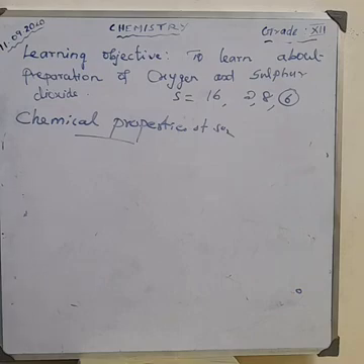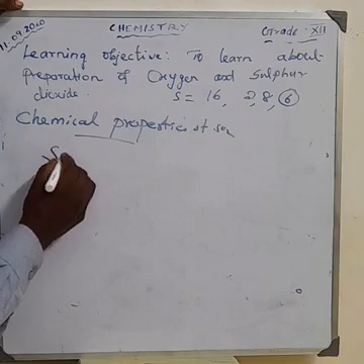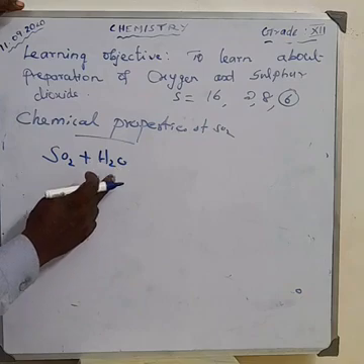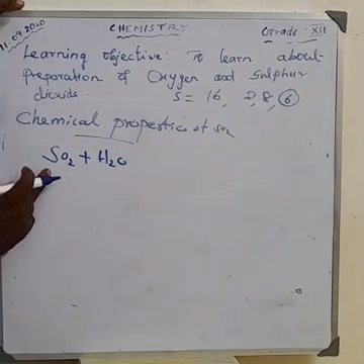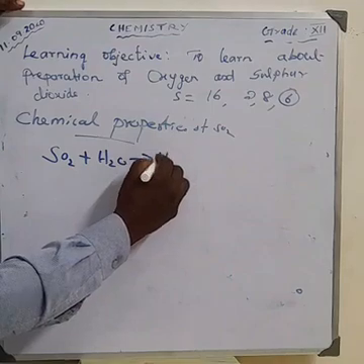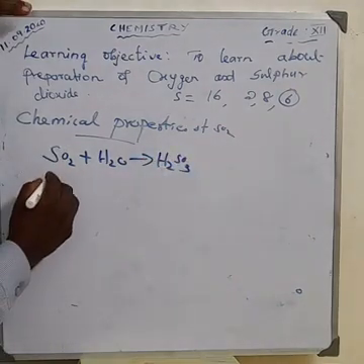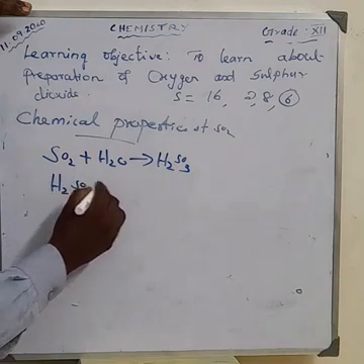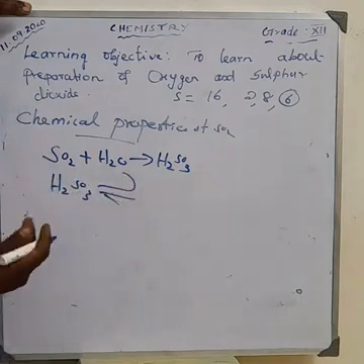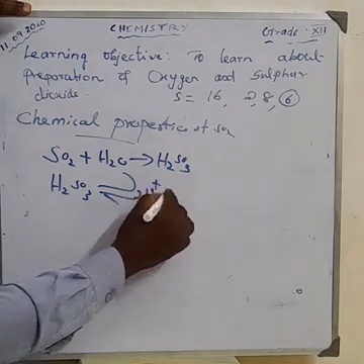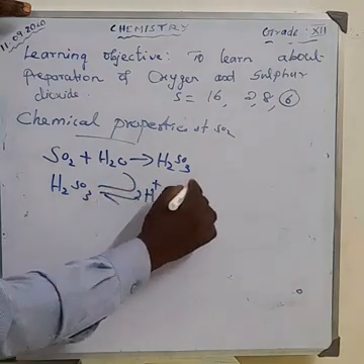It dissolves in water to give sulfurous acid. Sulfur dioxide reacts with water and the oxygen will combine here to form H2SO3. And also H2SO3 undergoes dissociation to form 2H plus plus SO3 2 minus ions.